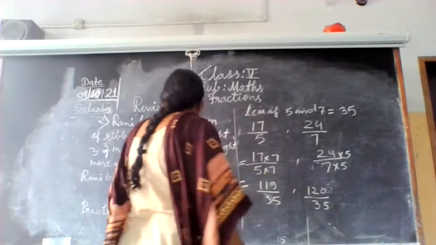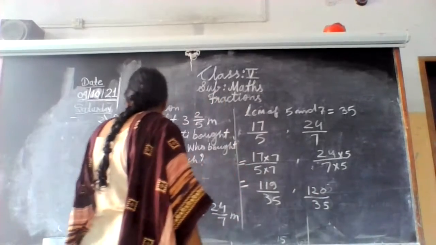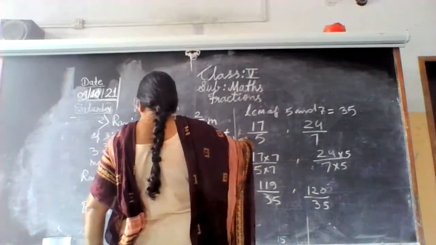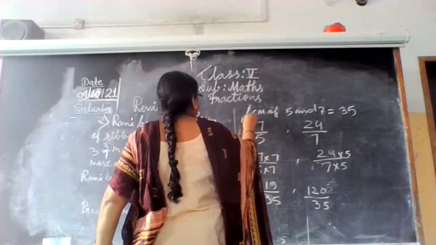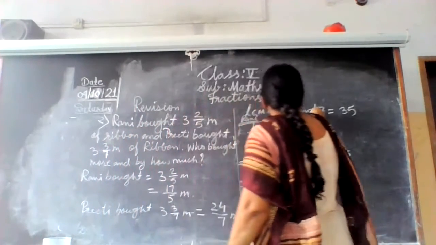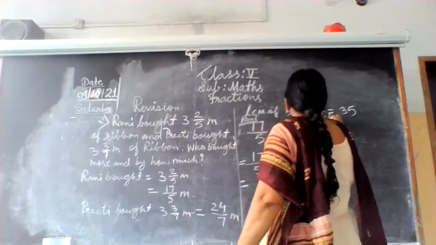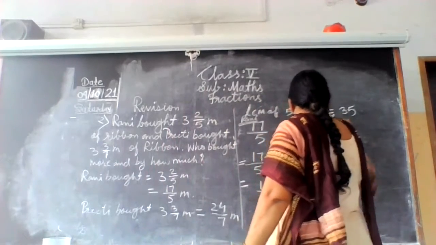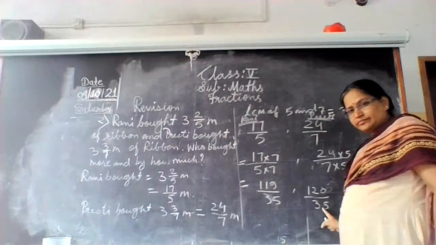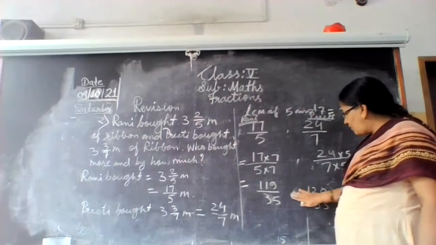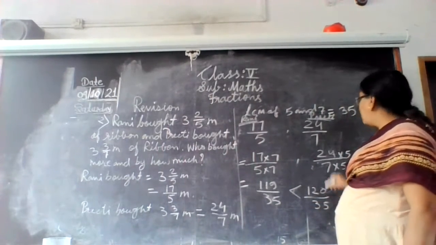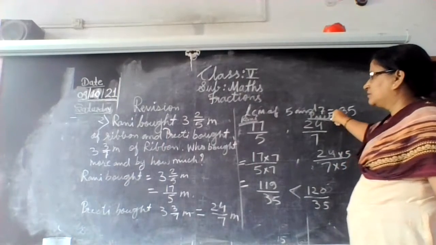Now, this first fraction is for Rani, here it is Rani's fraction, and it is Preeti's fraction. See, denominators are same. Which one is better? 120 is better. So who got more?